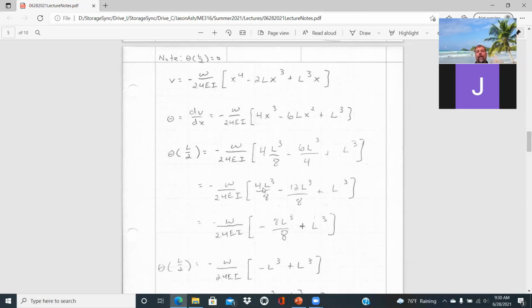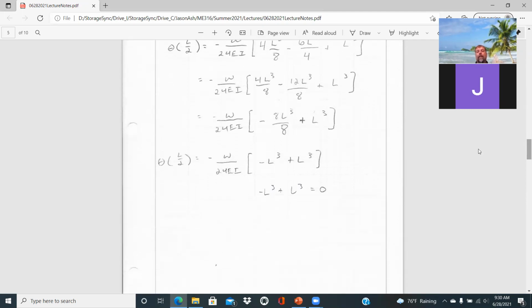And then we'll have eighths altogether: 4L cubed minus 12L cubed over 8, getting common denominators there. 4 minus 12 is negative 8L cubed over 8 plus L cubed. That's just minus L cubed plus L cubed, which will be 0. And so we just confirmed that indeed the slope at L over 2 is equal to 0 to satisfy the symmetry of this problem.